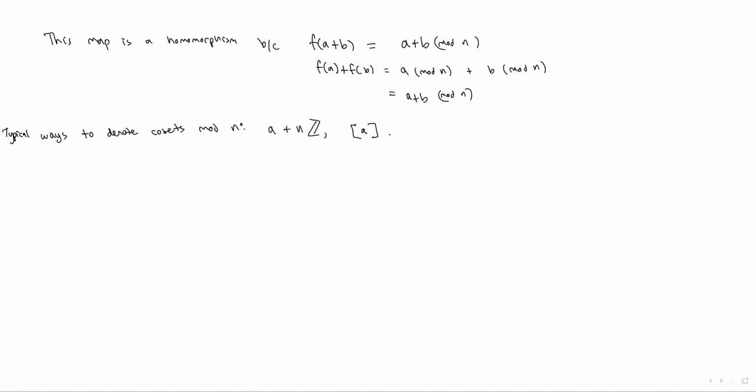So that's the last example, I guess, that I want to do. Here's a non-example. F from R to R, remember R now means addition, x to x squared. This is not a homomorphism.